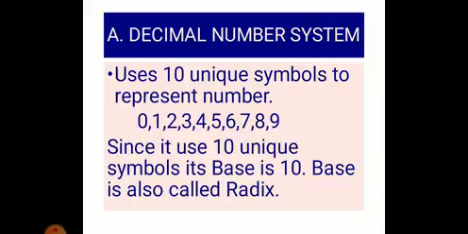This system uses 10 unique symbols, so its base is 10. That number system uses symbols 0 to 9: 0, 1, 2, 3, 4, 5, 6, 7, 8 and 9. The base is also called the radix.